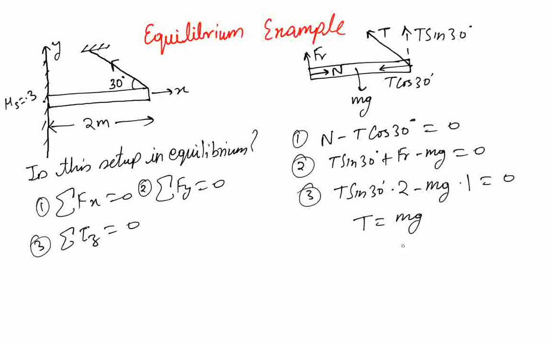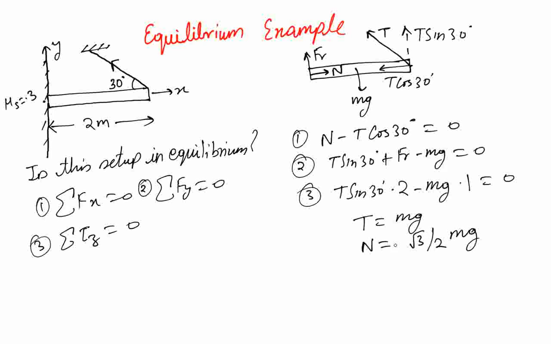Now we can solve this and see that T turns out to be the same as mg, right? Okay, so we have T. Now we can calculate N also. N turns out to be T cos 30, and we know cos 30 is root 3 over 2, so it's root 3 over 2 times mg, because T is nothing but mg.